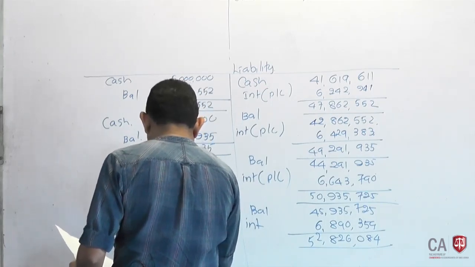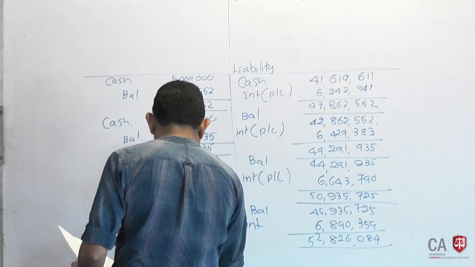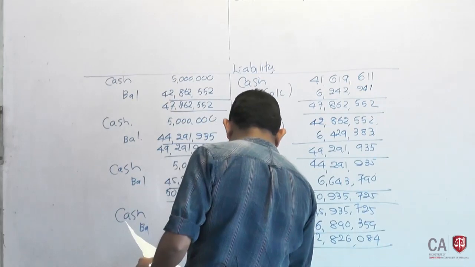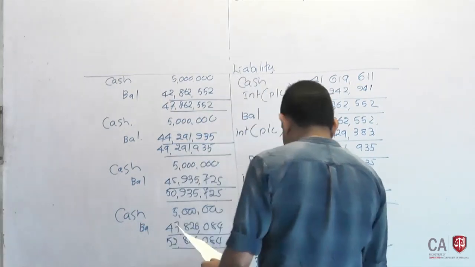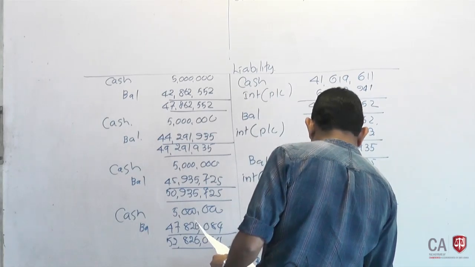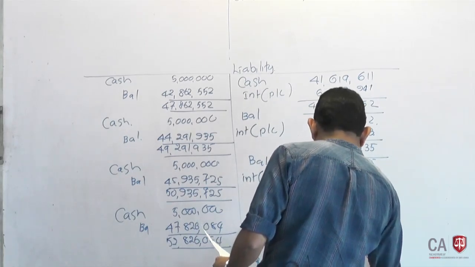So, this is 47,826,084. Balance at the beginning of the fifth year, 47,826,084.